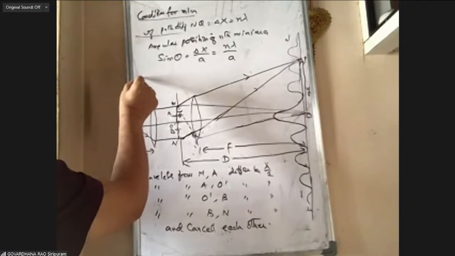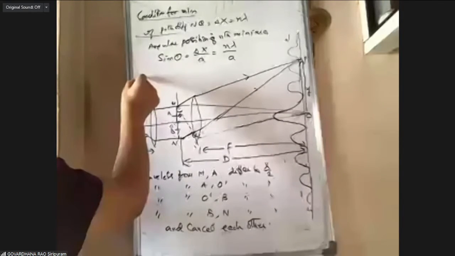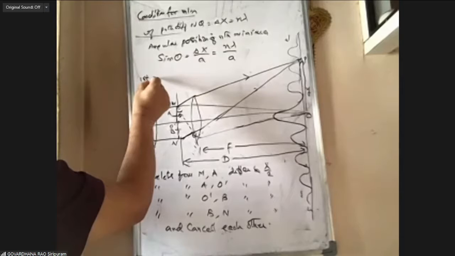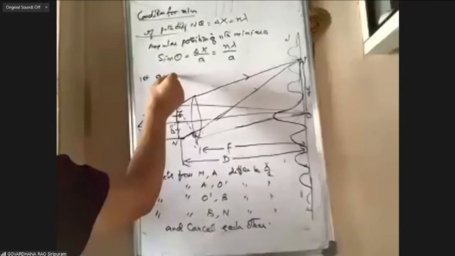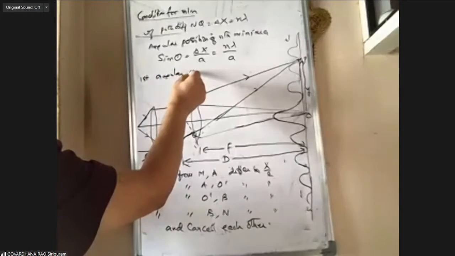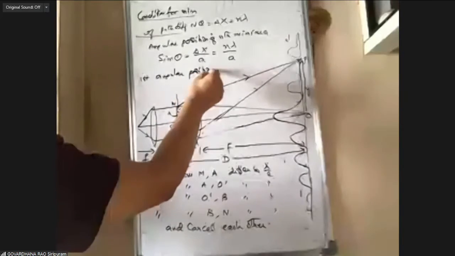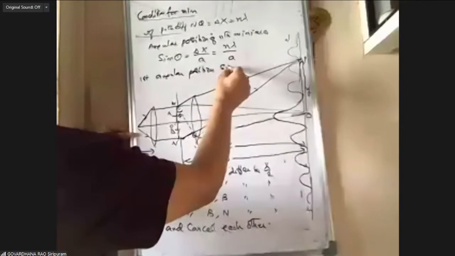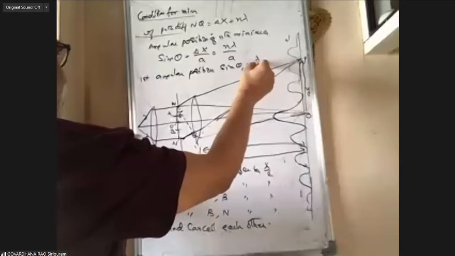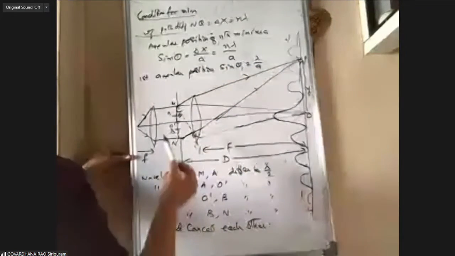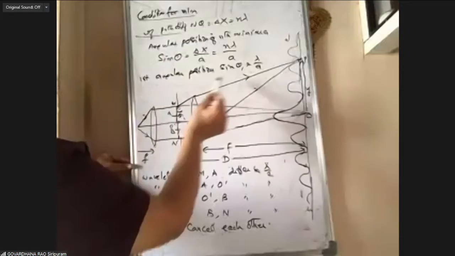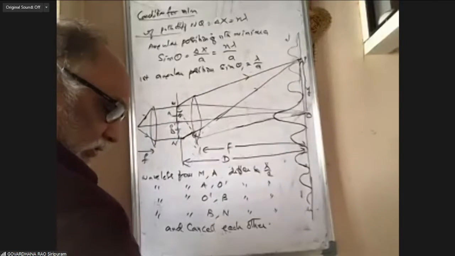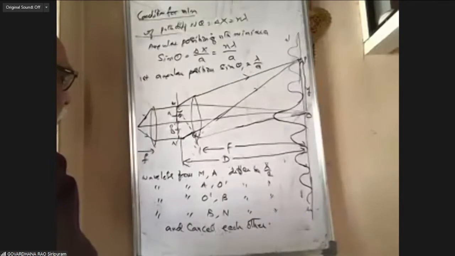So the first angular position: sin theta 1 is lambda by a. The second angular position is 2 lambda by a.